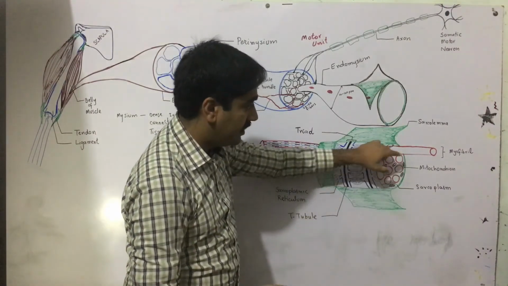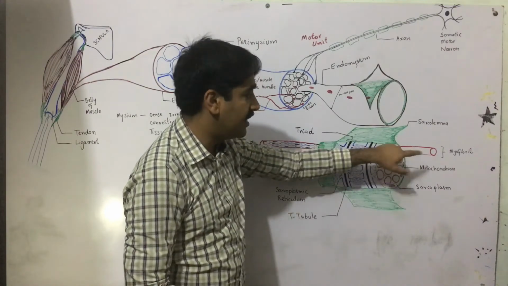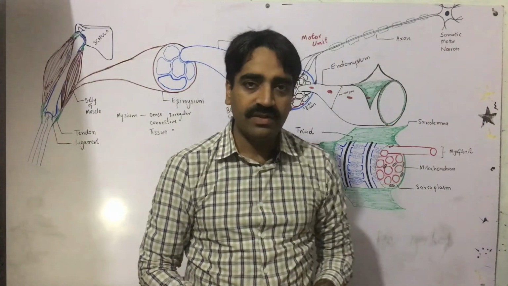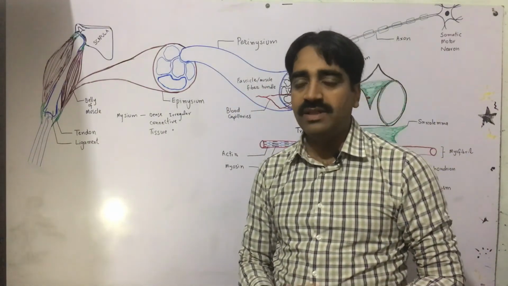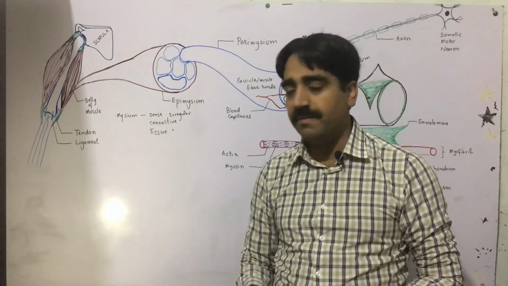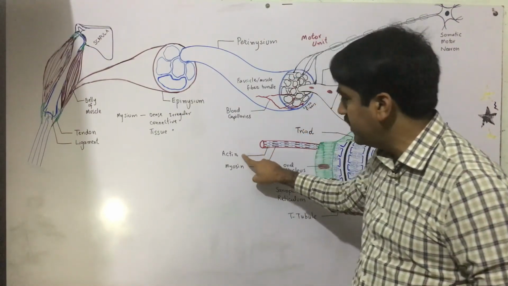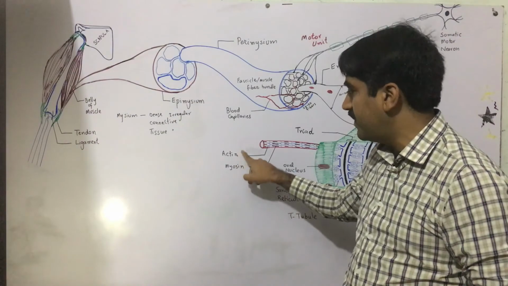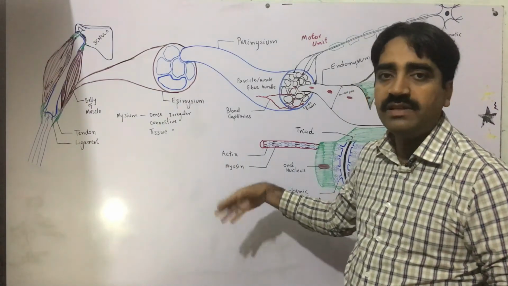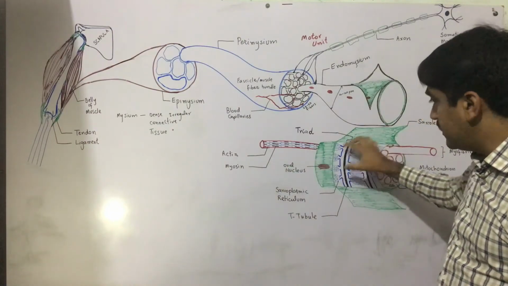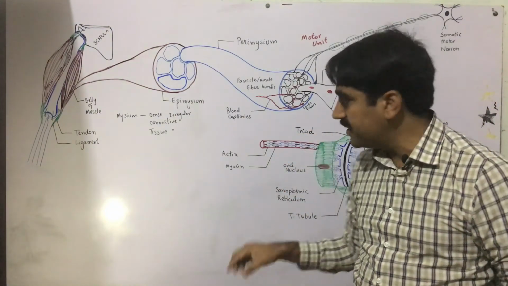The myofibril finally consists of actin and myosin. These are the structures responsible for the contraction and relaxation of the muscle. Actin is a thin fibrous protein, and myosin is a relatively thick fibrous protein.